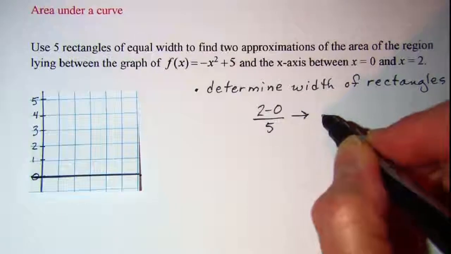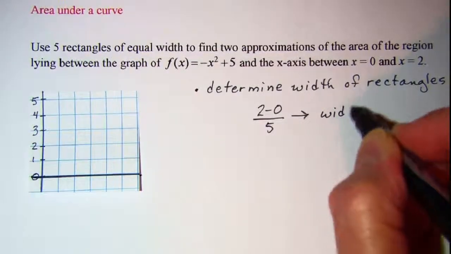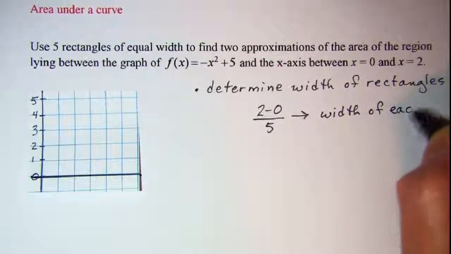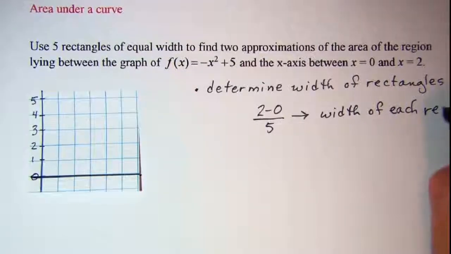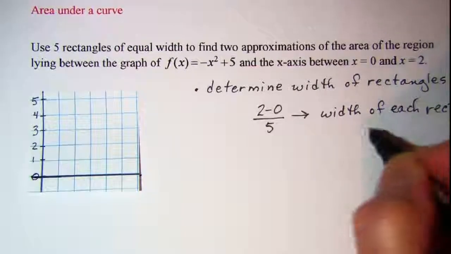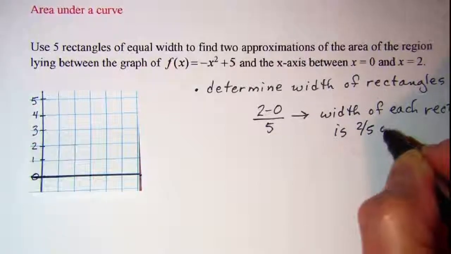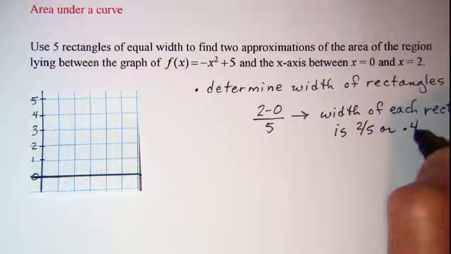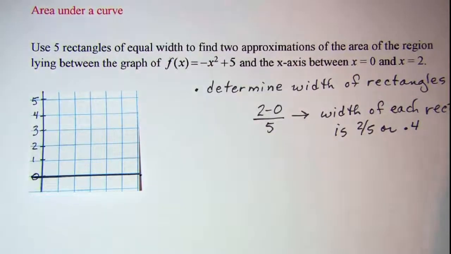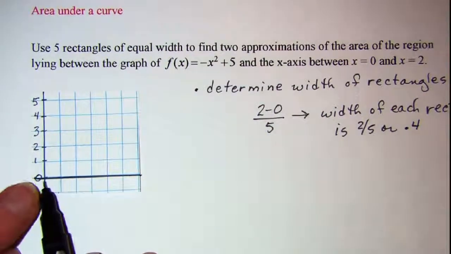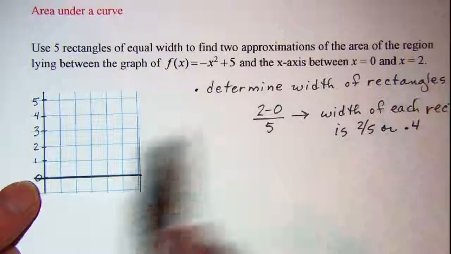So the width of each rectangle is 2/5 or 0.4. So then on my graph, I'm going from 0 to 2.